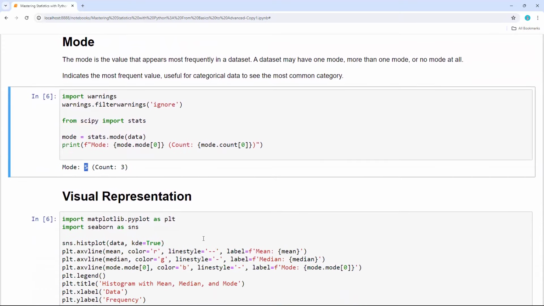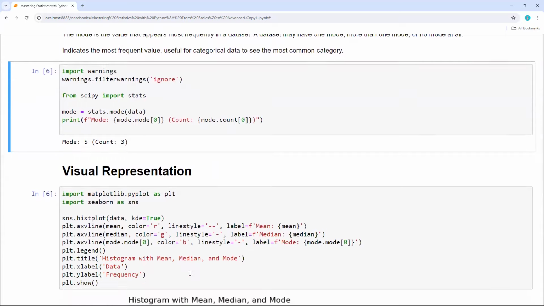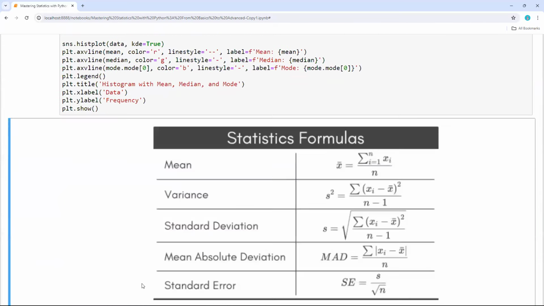So we just calculated these by passing data points. I passed 9 data points and calculated the mean, median, and mode. If I want to look at the same data in a visual manner, this is how it looks.